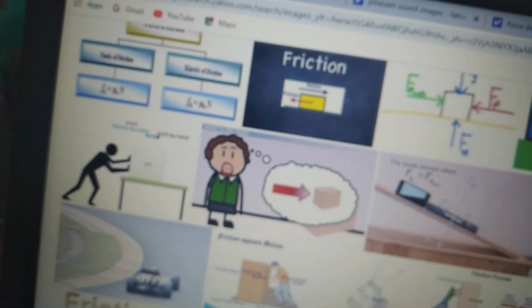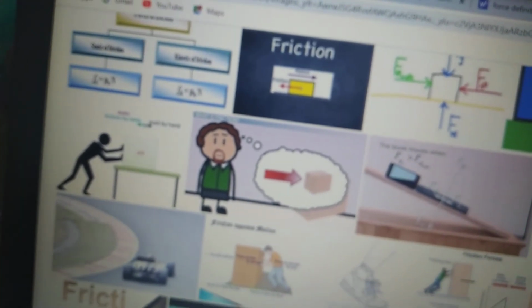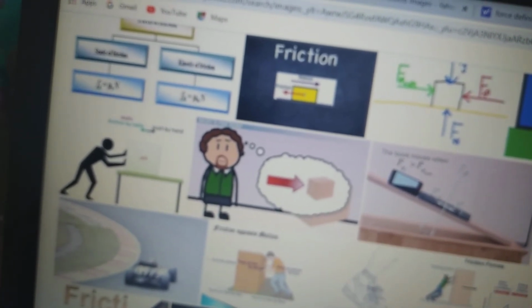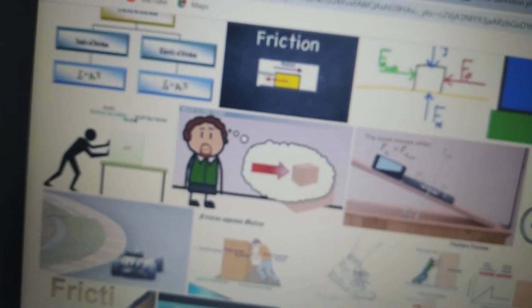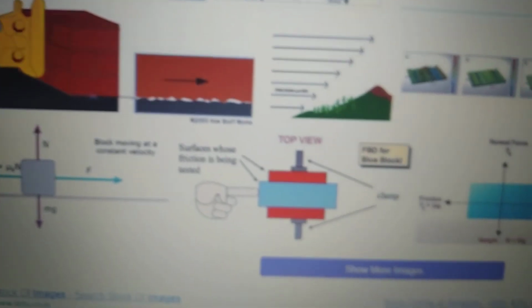This is about sound. Next, coming to force. Force is nothing but a push or pull applied on an object. Next, friction is a force that acts in an opposite direction. That is called friction. Where friction will be more and where it will be less, we can decide according to the given examples.